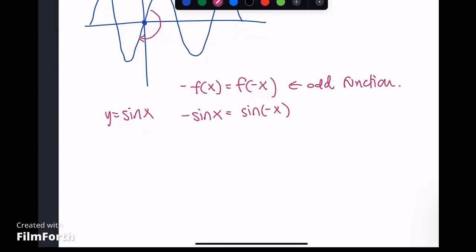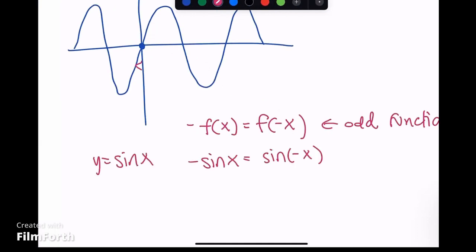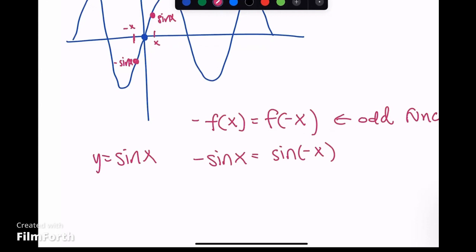And this is quite obvious if we think about it visually, because if this is x, sin x is over here, and negative sin x is over here, and this is negative x.